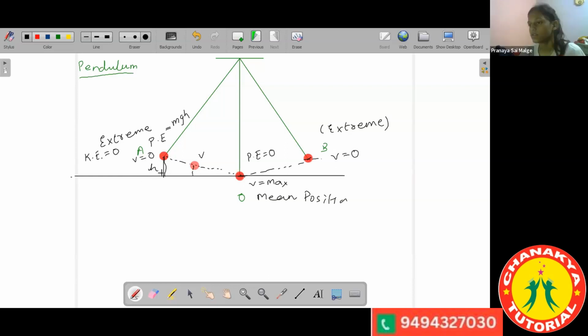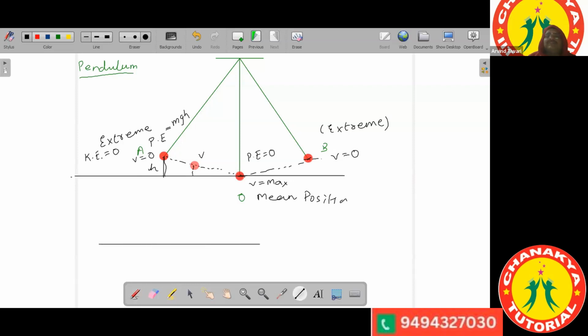So that is why we consider that at this point its height will be zero, since we started from this point only. So what will be the change of potential energy? It will be zero. Suppose even if it was at a certain height h from the ground, let's say this is the ground, right? Then it had some potential energy at this point as mgh.